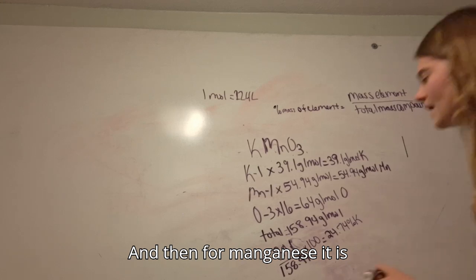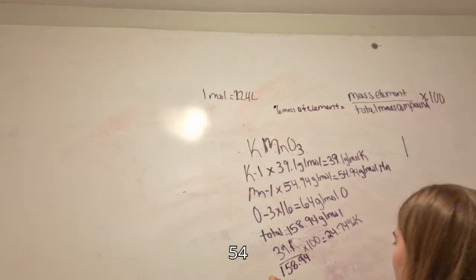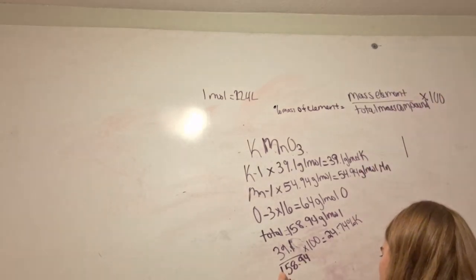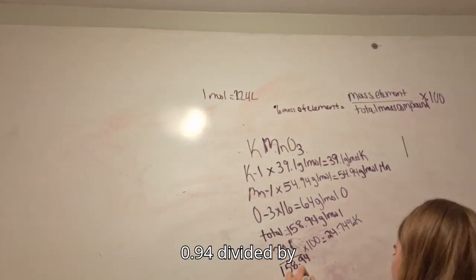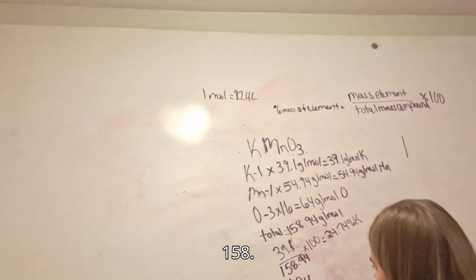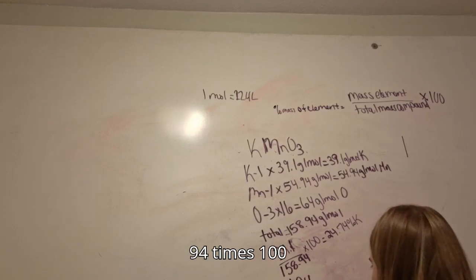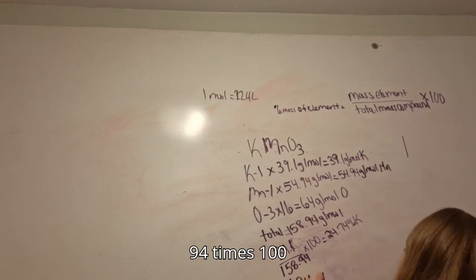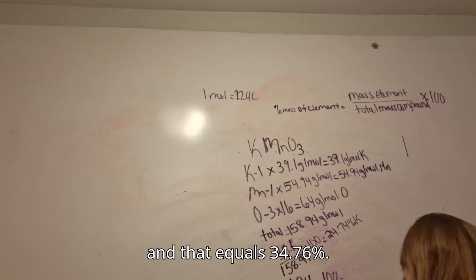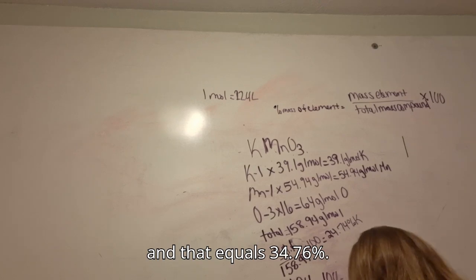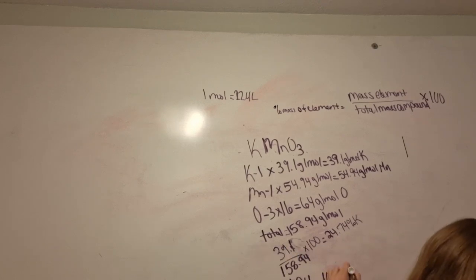And then for manganese, it is 54.94 divided by 158.94 times 100, and that equals 34.76%.